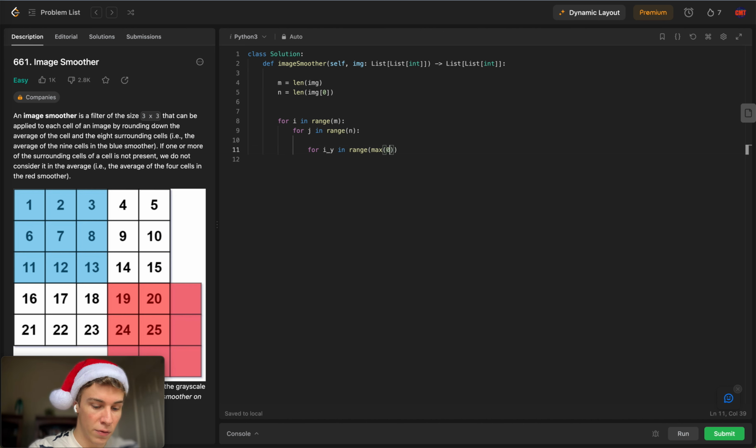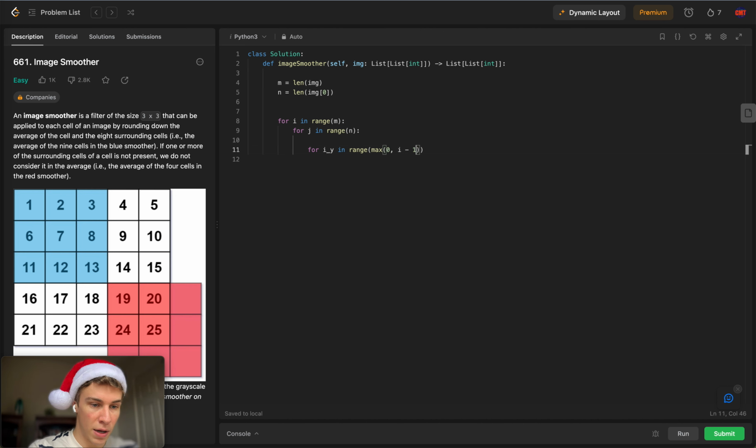I need a max of 0 and i minus 1, and this is going to go to the minimum of m minus 1 and i plus 2, and this is going to be like this for y in range.